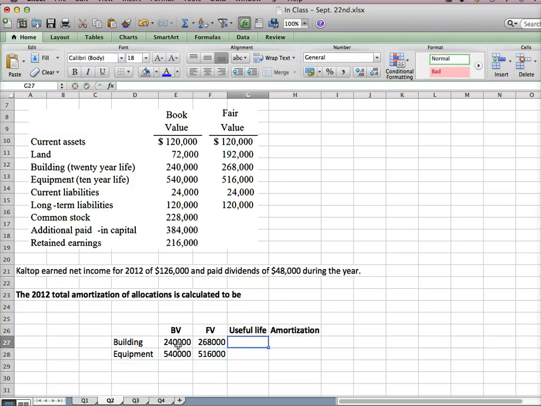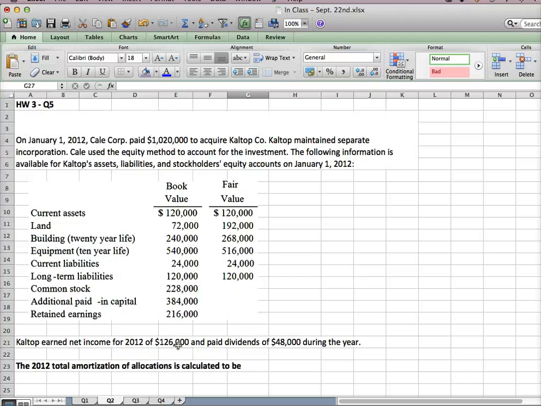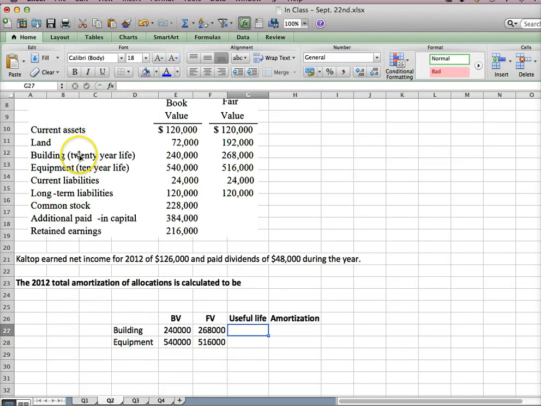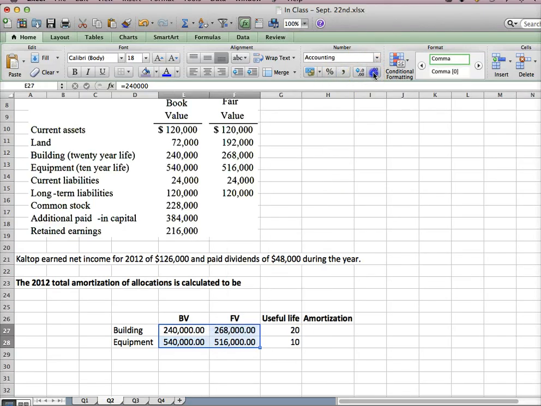And useful life is actually given here, 20 and 10. And so we can see what will be the amortization. What will be the annual amortization on this one?